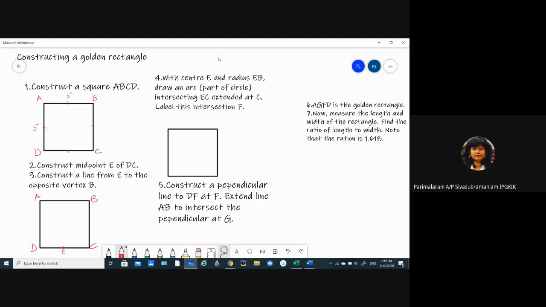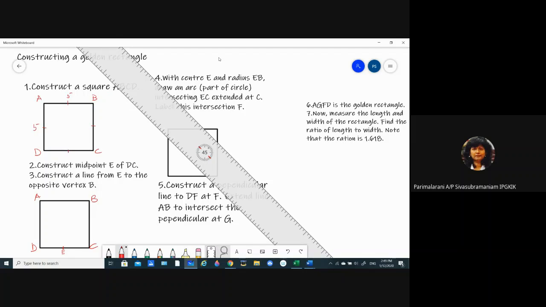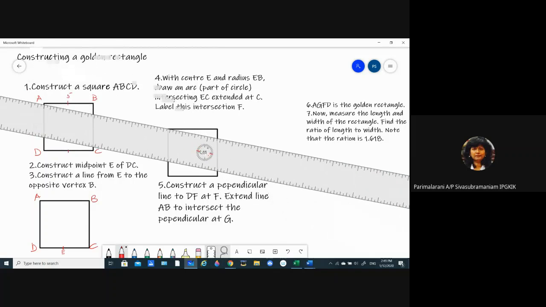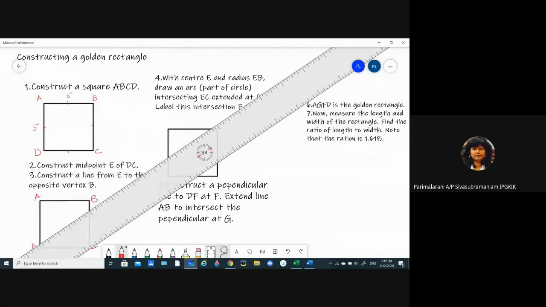And then from E, you're going to draw a line from E to B. I'm going to draw a straight line.